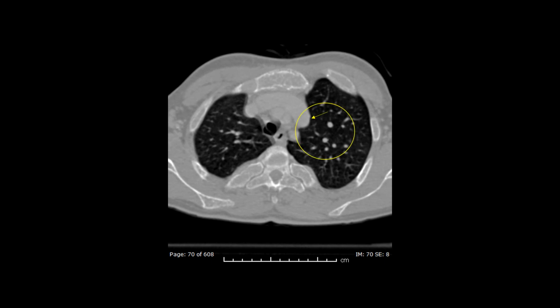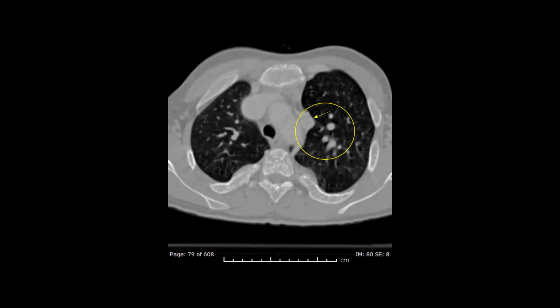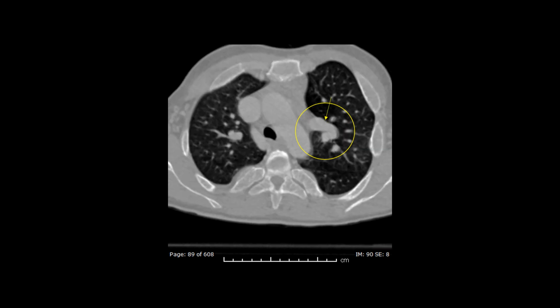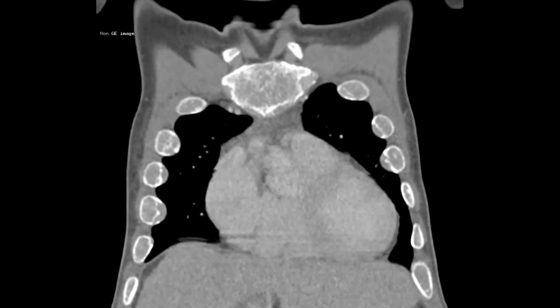That's where the left innominate vein is going to receive the pulmonary blood coming from those veins within the circle that are draining the left upper lobe. This is the left upper pulmonary vein anomalously draining into the left innominate vein.